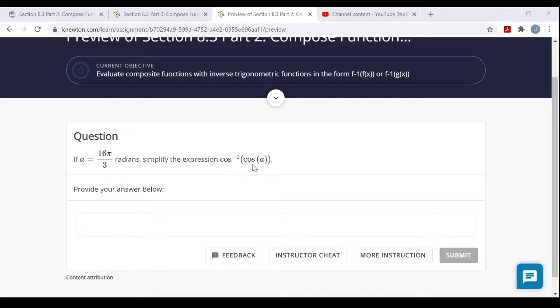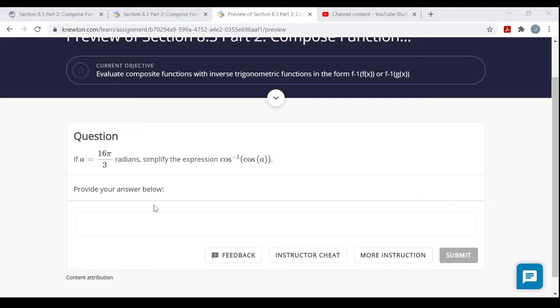You might remember, hey, they undo each other, and I'm left with the input inside. These undo each other, and I'm left with a. So then you'd answer 16 pi over 3 and be done with it. Well, that's wrong. That's not correct. You've got to pay attention to domains and ranges of these functions.